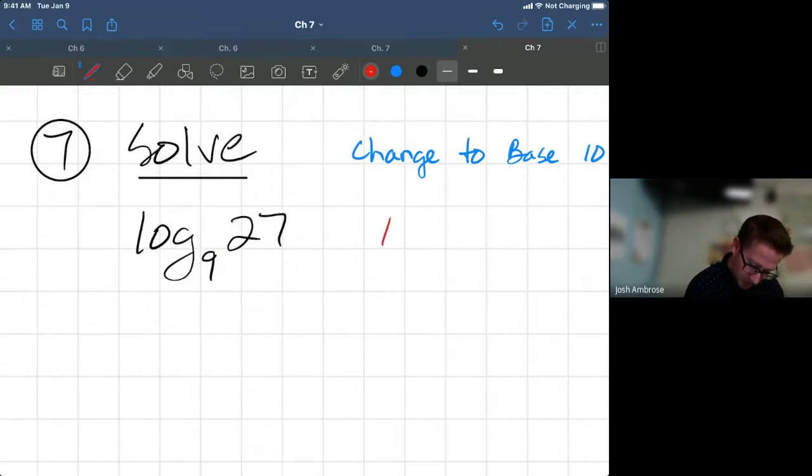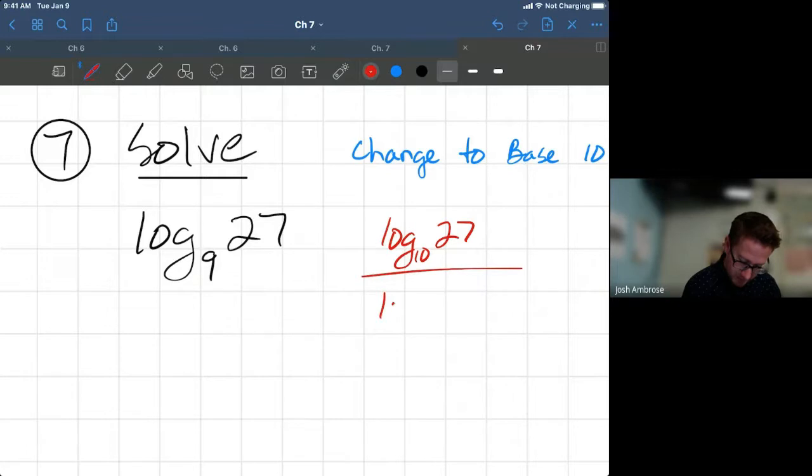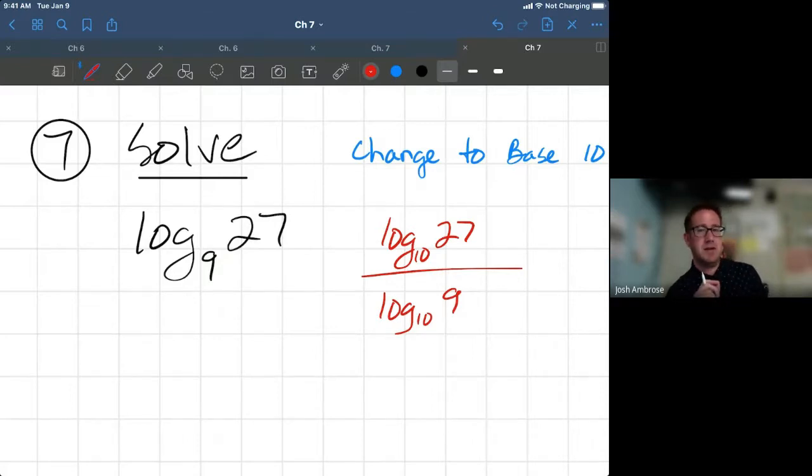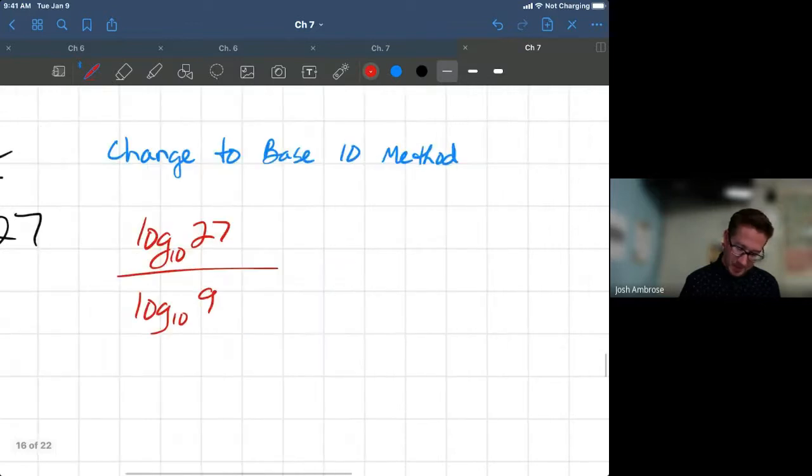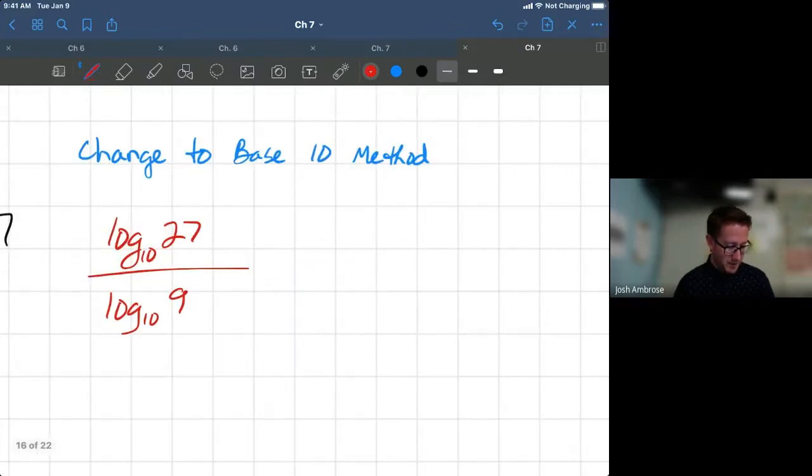A log with a base 10 of 27 divided by log with a base 10 of 9. Now remember, the calculator, being our friend here, is already programmed to have that base 10. So really, you plug it in, and let's go ahead and do that.